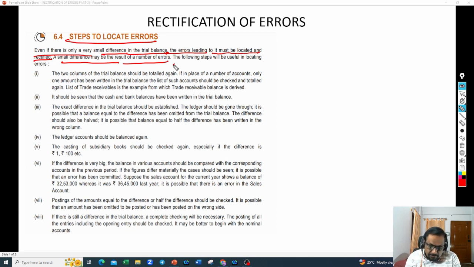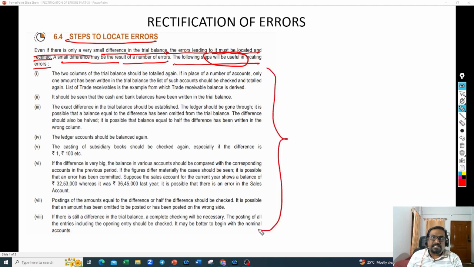The following steps will be useful in locating the errors. See guys, one important point: 'will be useful' is very important. It doesn't mean that these are the only steps you are going to follow. Whatever steps are given here, some 8 steps, it doesn't mean you follow only these 8 steps to locate the errors. These are the important steps one can follow to locate the errors, not for rectification.